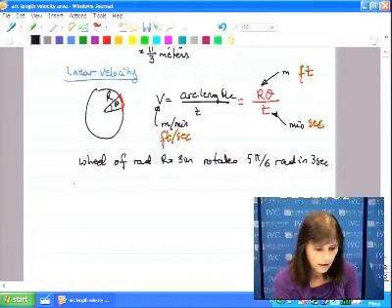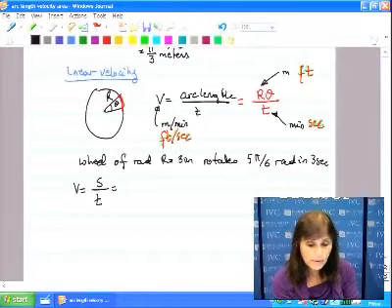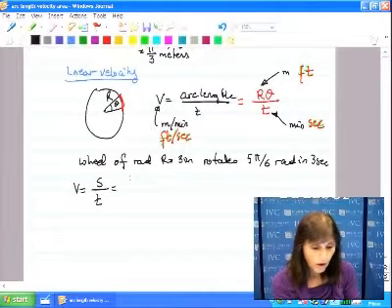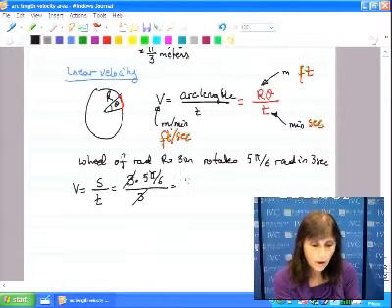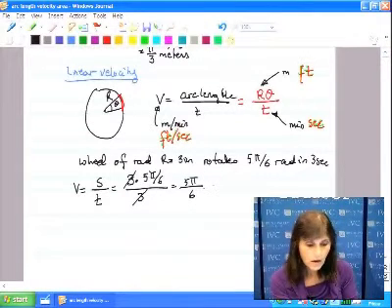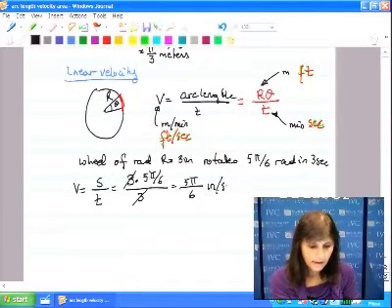Okay, great. So your velocity is s over t. Your s is r times theta, so r is 3, and theta is 5 pi over 6. And your time is 3, so the 3s go, and you end up with 5 pi over 6. What are the units? You have inches, because radius is in inches, per second.